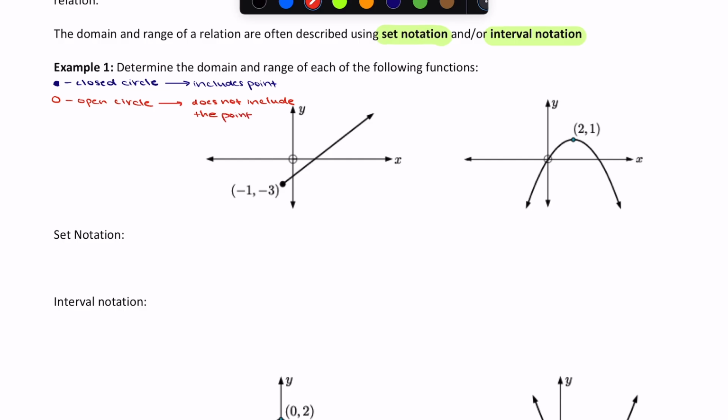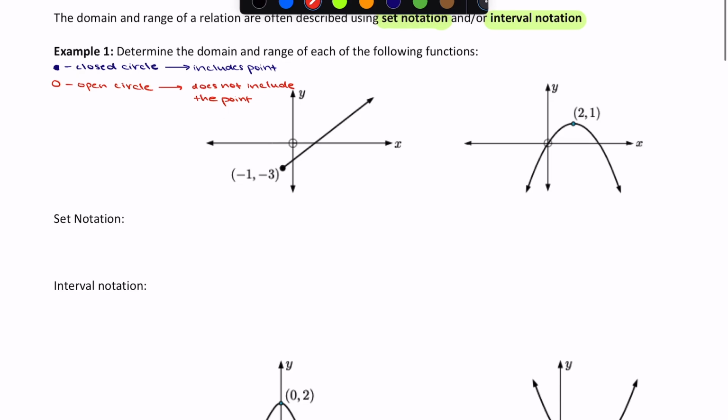Okay, so if we look at this here, we have a line, and it starts at (-1, -3), and then it continues on, and it can be infinite x values in the positive direction. So for writing it in set notation, we'll write a capital D to represent the domain, and here we want to see, again, a few things.